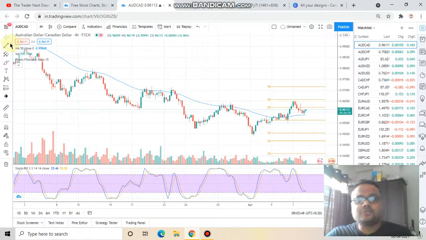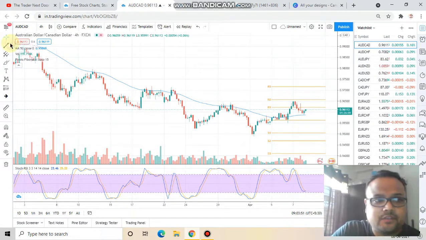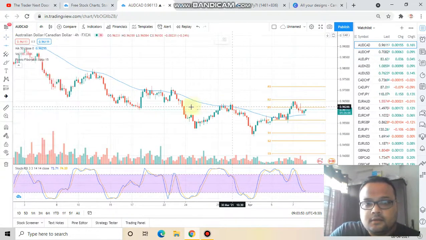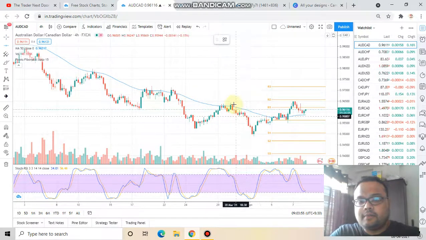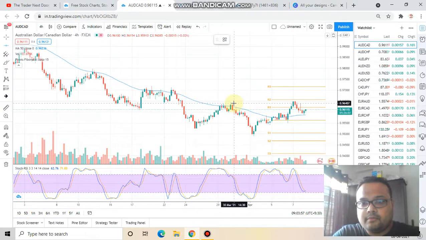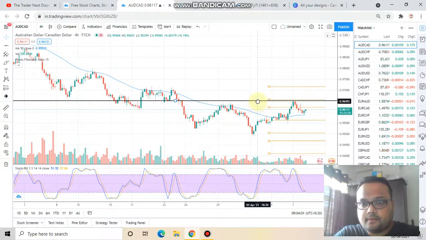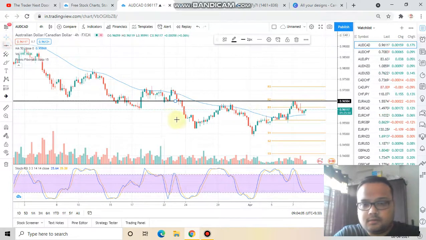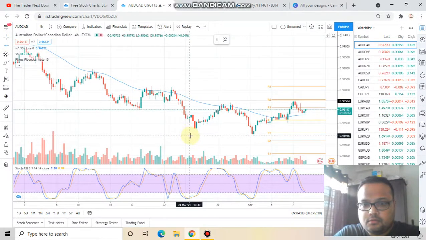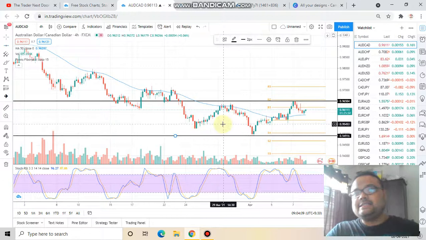Okay, so what should be a strategy then? You have got the overall picture right now. As you can see, when the market moved up, you can see that I have drawn two lines here right now.